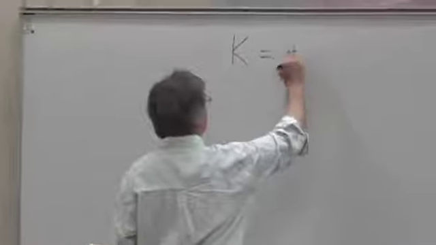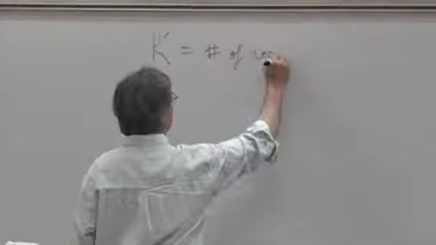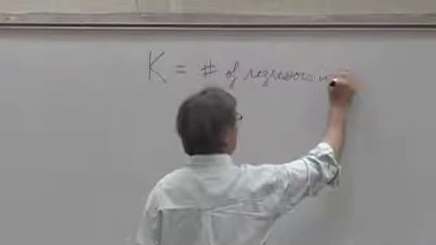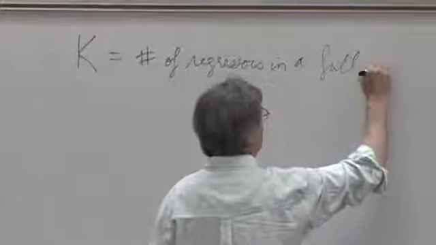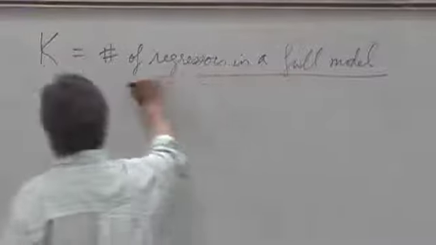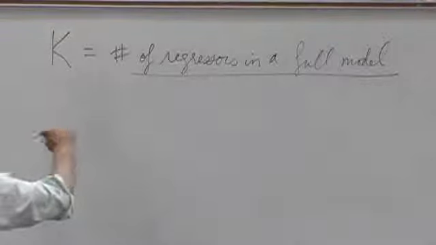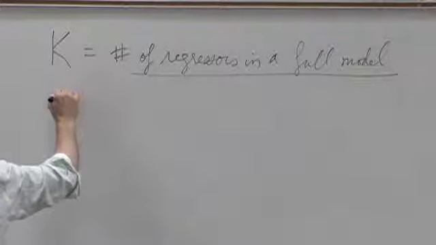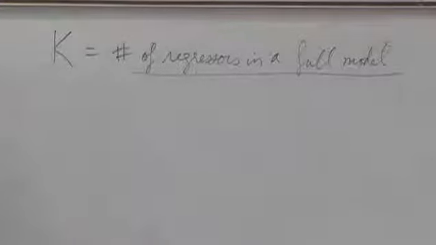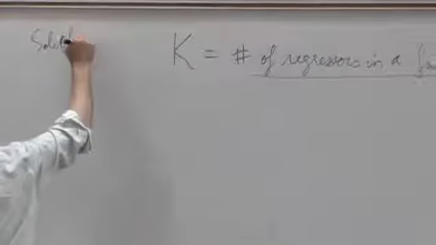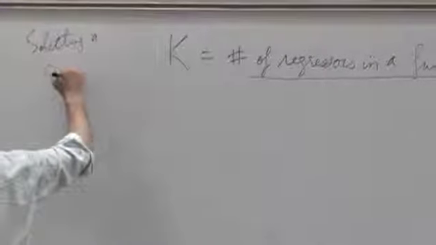Basically, if you have a full model, and capital K is the number of regressors in a full model, then we're selecting the subset regression model.